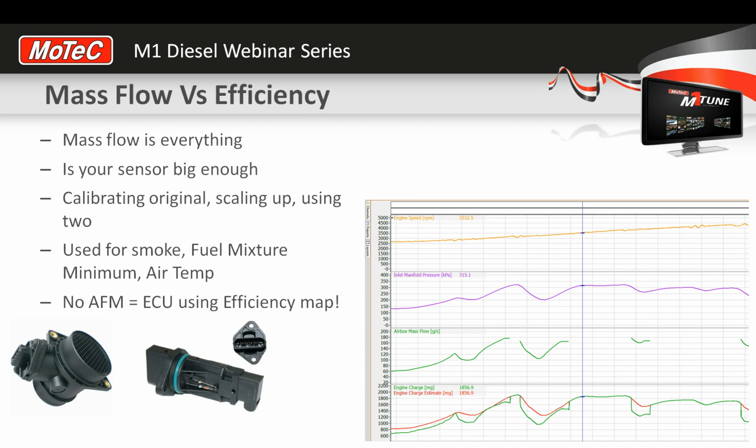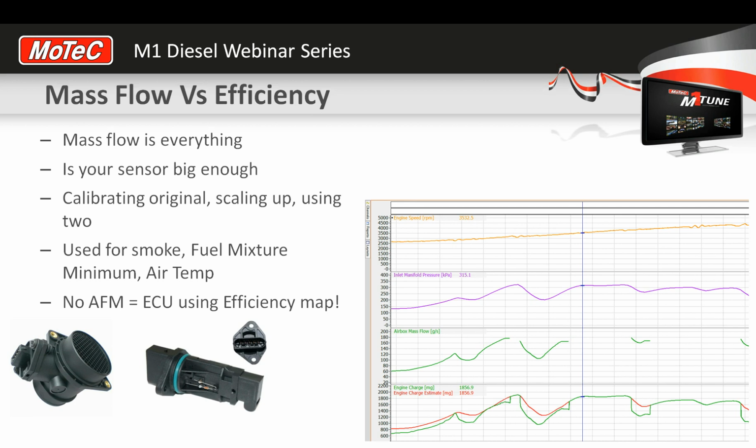So if you're intending to double the output of this diesel engine, which is quite common to do, then you can pretty much guarantee that the airflow meter that's on the engine from factory won't be big enough. So don't wait for it to run out and then try and deal with it halfway through a dyno tuning session.